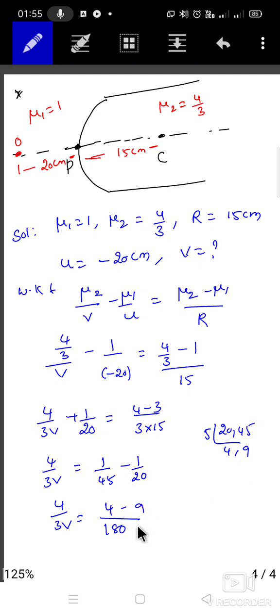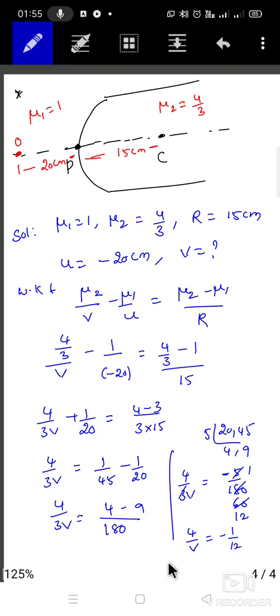So 4 by 3v equals minus 5 by 180. Simplifying, 3 ones are 3, 5 ones are 5, 5 twelves are 60. So 4 by v is equal to minus 1 by 12.